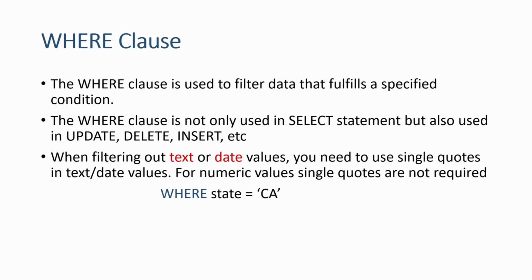And you'll notice that since state contains a text value, a string value, you need to specify that in single quotes. Whereas if you are trying to filter a numeric value, for example where country ID is equal to 1, you'll notice that you do not have to put single quotes around a numeric value. So always keep that in mind, otherwise you'll end up with a syntax error.